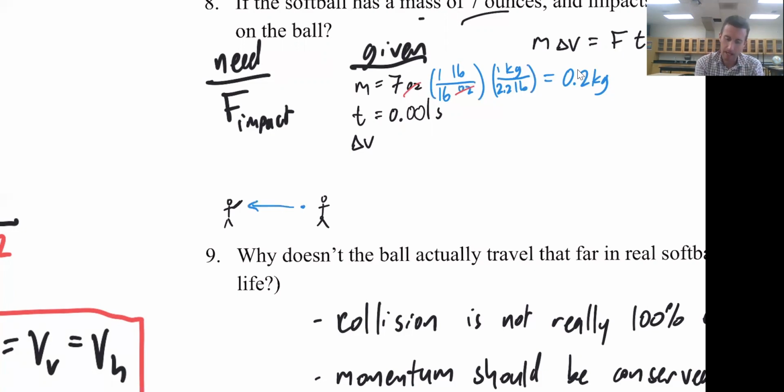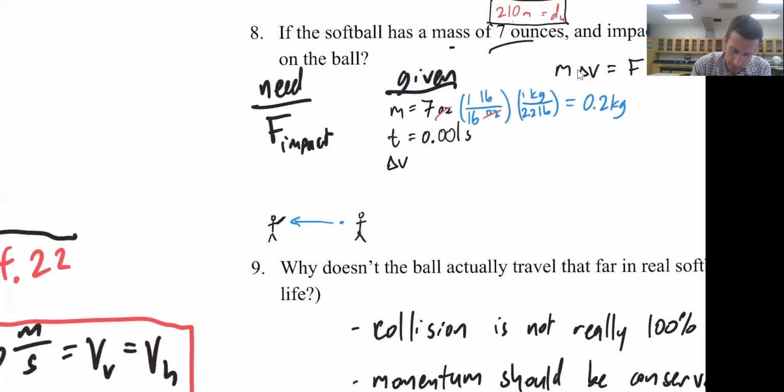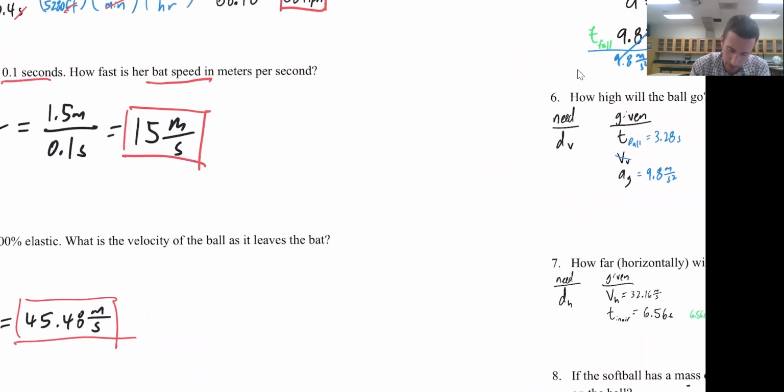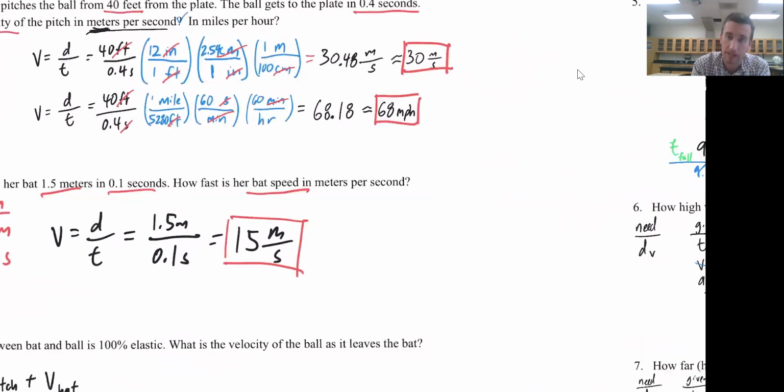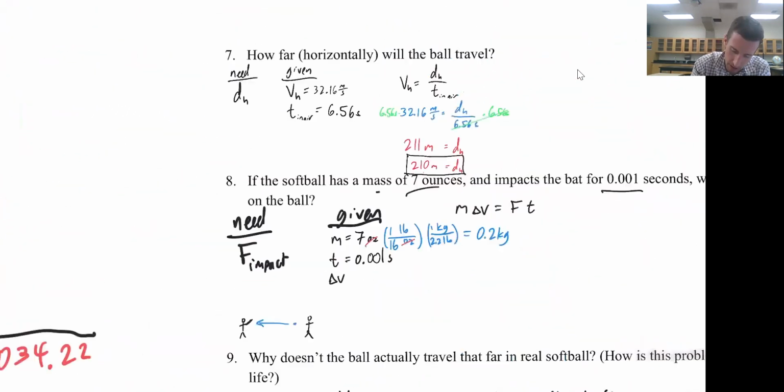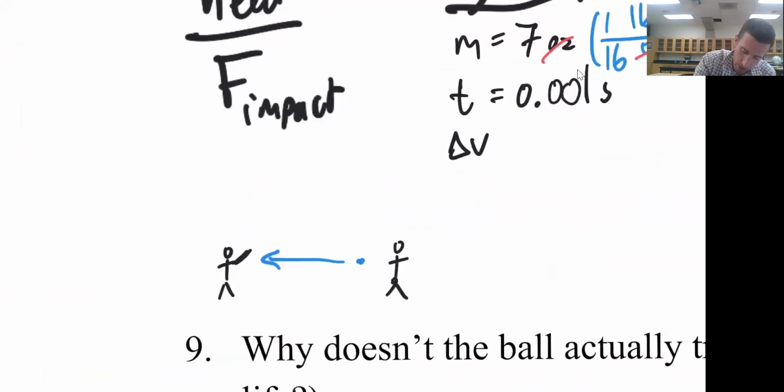Okay, so this is my incoming velocity. That was the pitch, right? So the pitch was 30.48 meters per second. So she pitches it in at 30.48 meters per second.